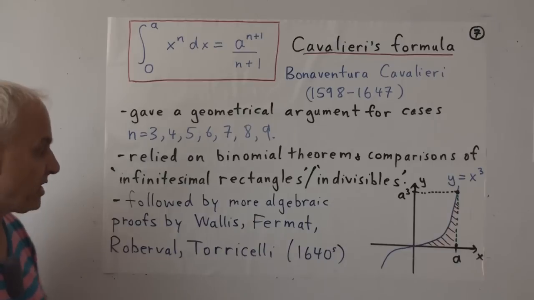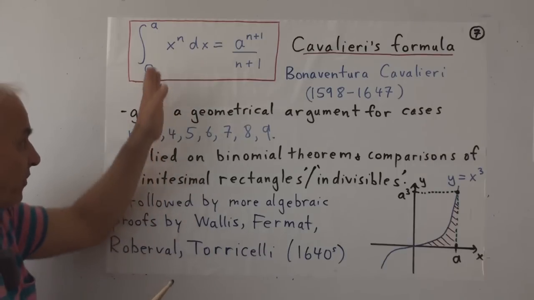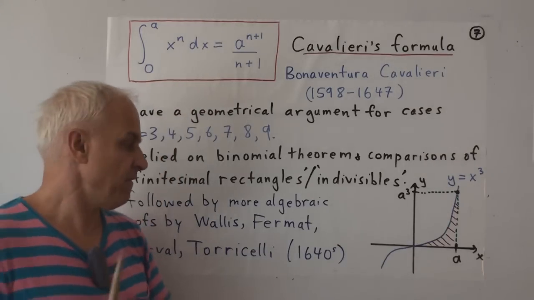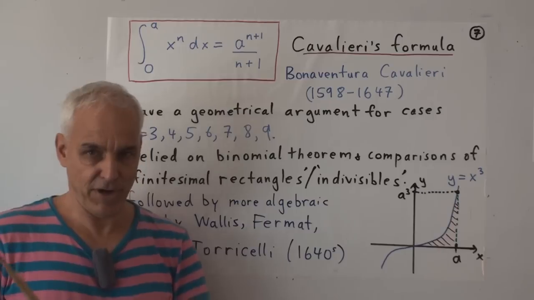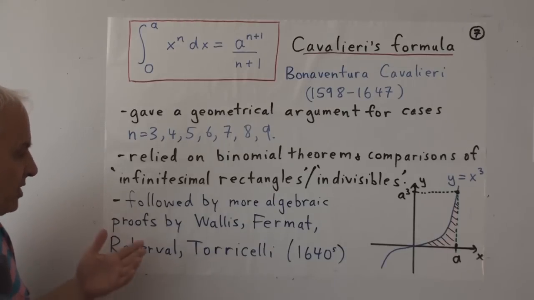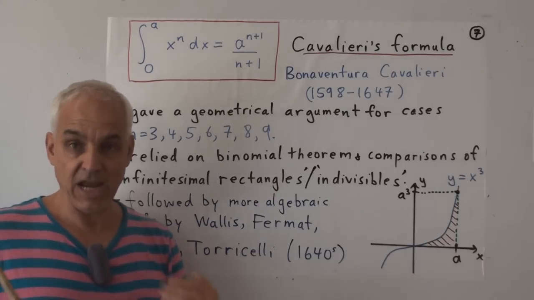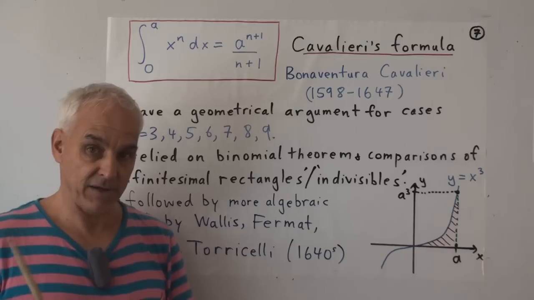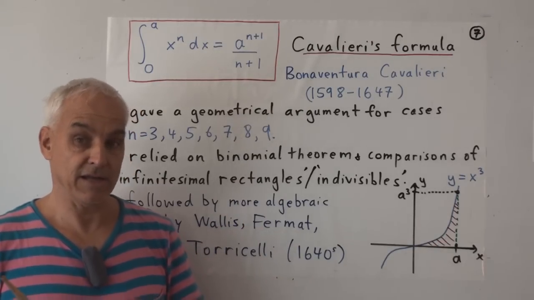Around the 1640s, they established the formula for general n in various ways and with various levels of rigor. Okay. But sort of by the mid-17th century, this was now a well-established formula that was really a foundational tool for calculus, the calculus that would then be built by Newton and Leibniz.